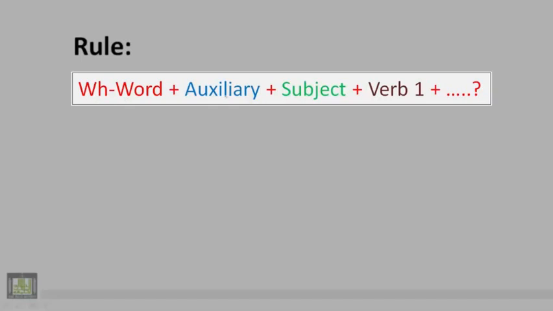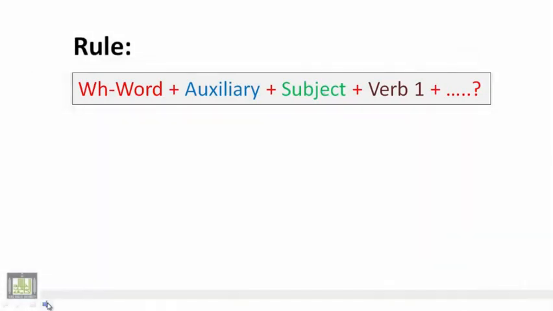So the only difference, الاختلاف الوحيد, is that we start with a WH word and then we have the same order of elements. ومن ثم عندنا نفس الترتيب للعناصر من ناحية الفعل المساعد والفاعل والفعل في الشكل الأول.